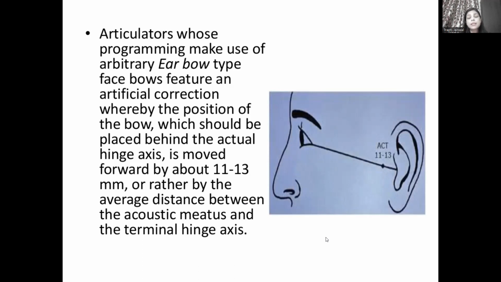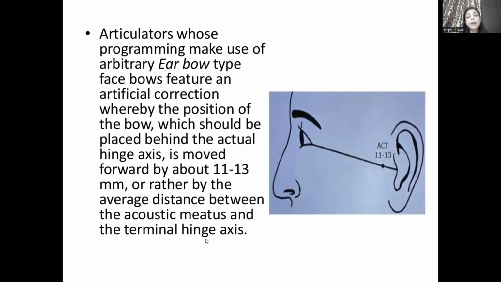These articulators feature an artificial correction wherein the position of the bow, which should be placed behind the actual hinge axis, is moved forward by about 11 to 13 mm, or rather by the average distance between the acoustic meatus and the terminal hinge axis. So they have compensated for this 11 to 13 mm distance in the articulators.